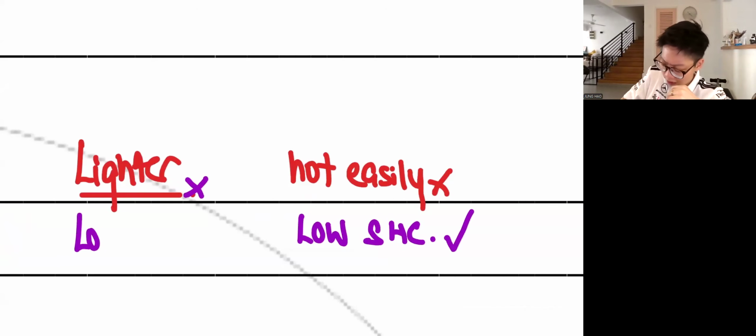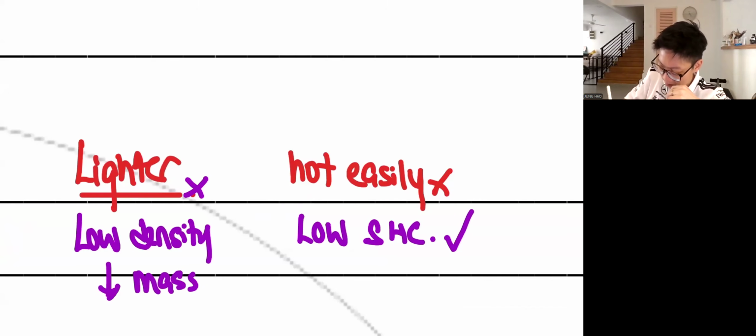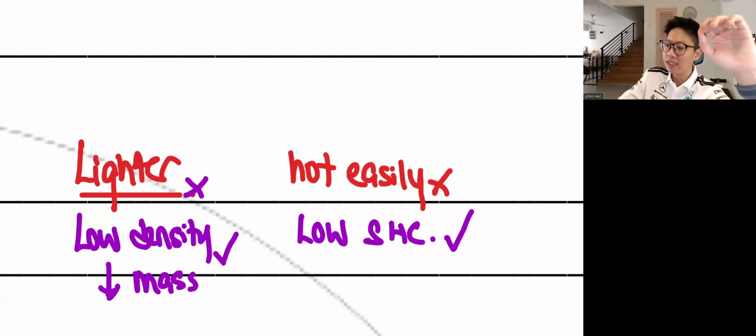No. We will usually say low density, lower mass. So guys, sometimes with this kind of thing, if you just change a few words, you will be able to make your answer sound more physically convincing. You get what I mean?